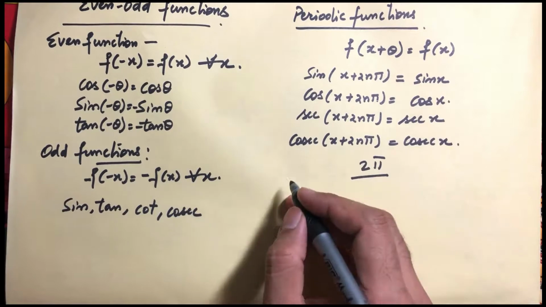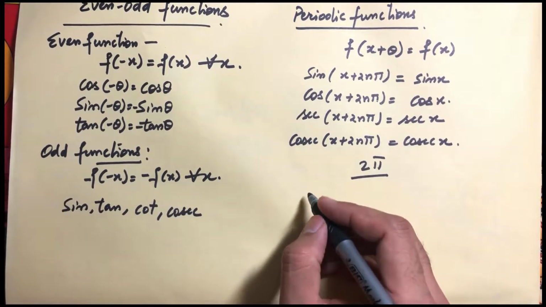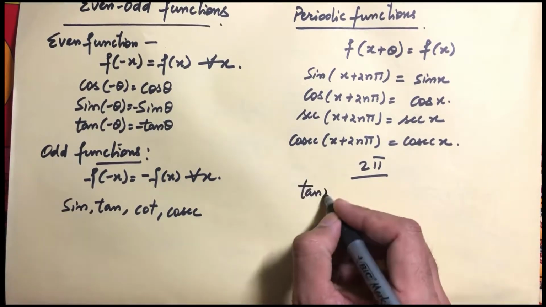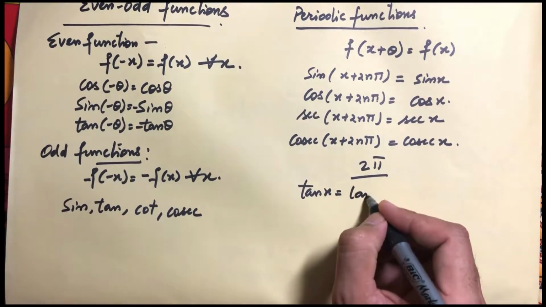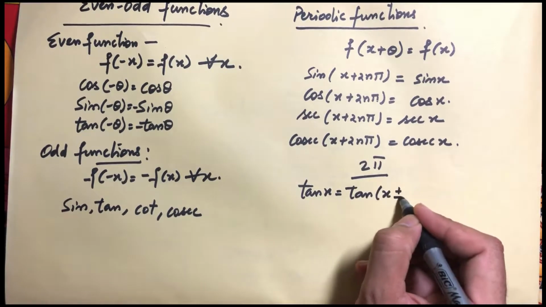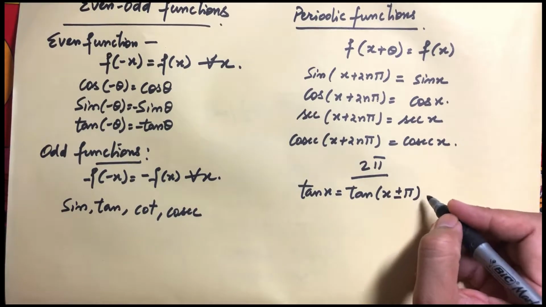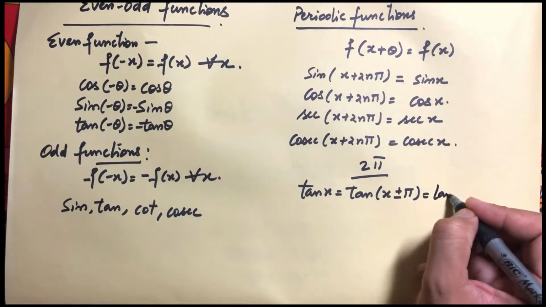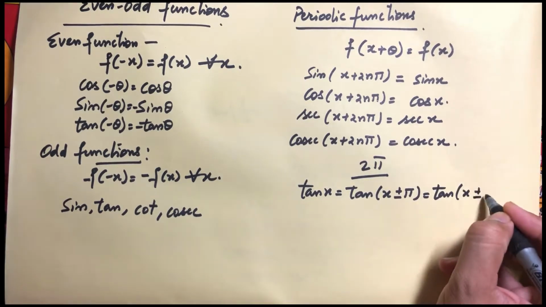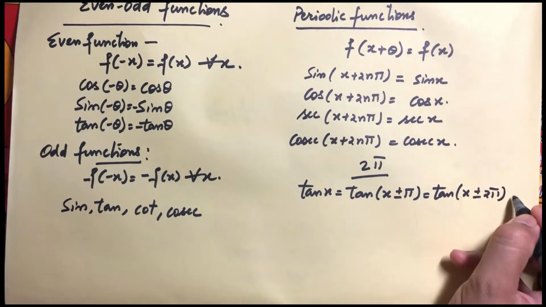And for tan, we have tan x equals tan of x plus or minus pi, and this also equals tan of x plus or minus 2 pi, and so on.